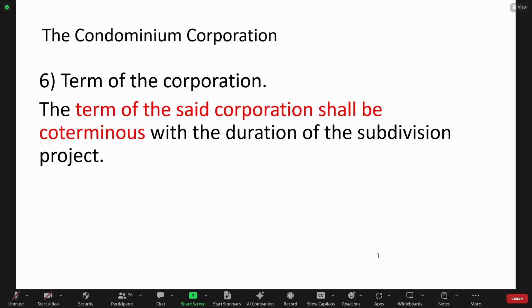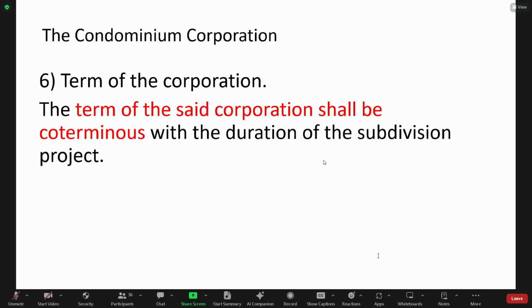So, ngayon, ang condo corp, ay kasama dun sa any corporation, but specifically with condo corporation, the condo corp shall be coterminous with the duration of the condominium project.